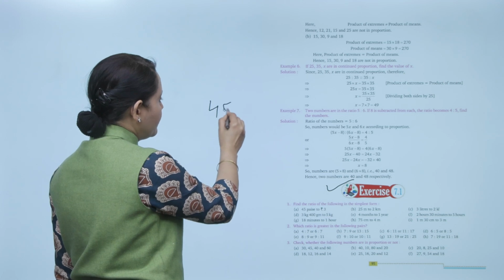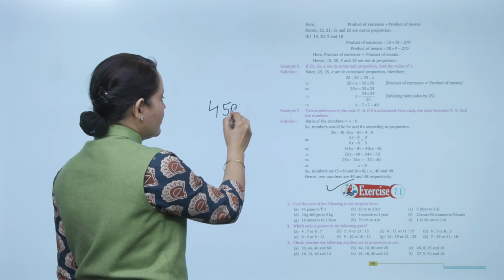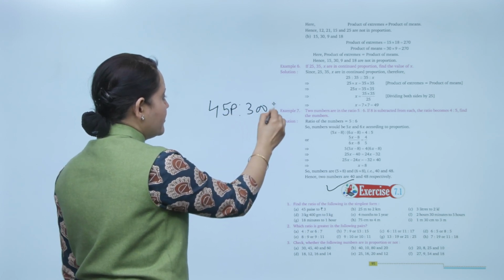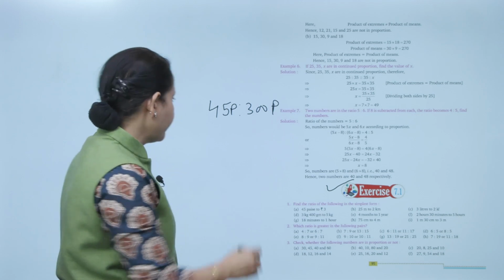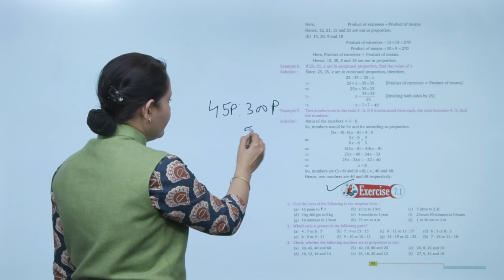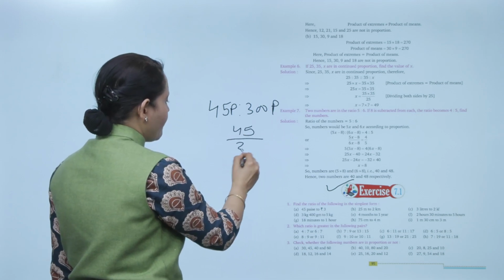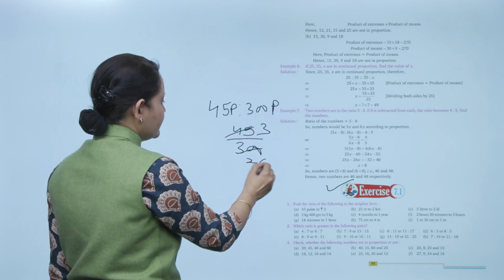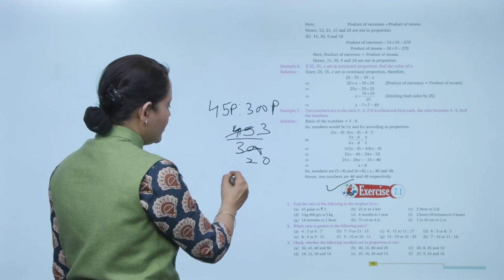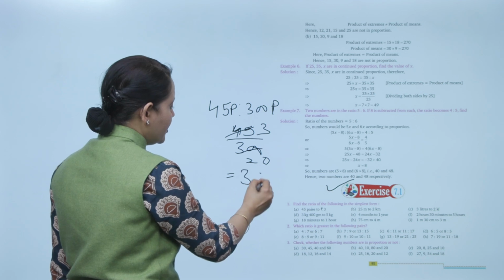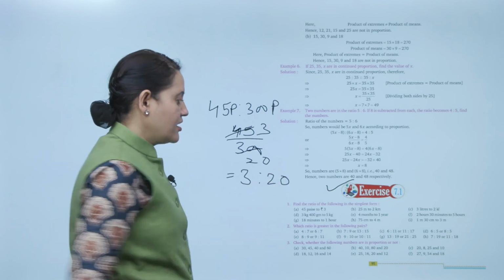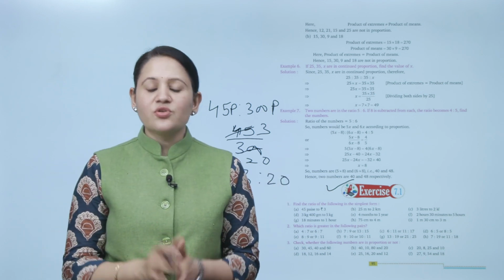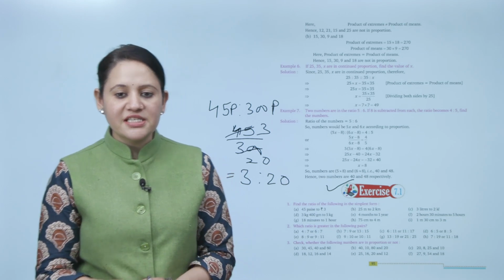So, we can write it 45 upon 300. So, ratio will be 3:20. It is in simplest form. So, you have to practice all the questions of this exercise.